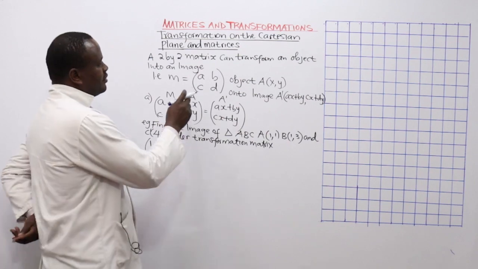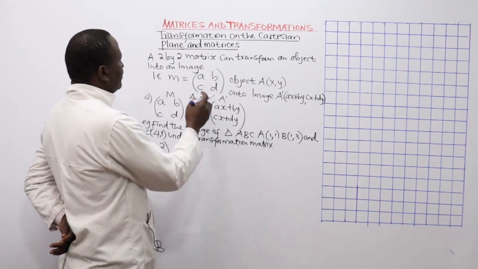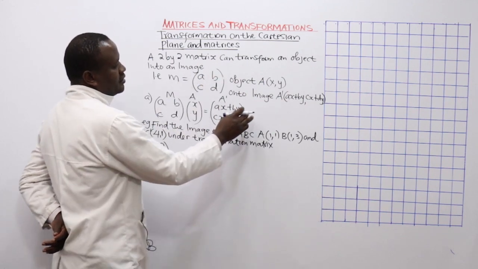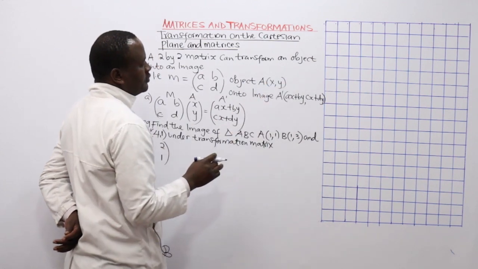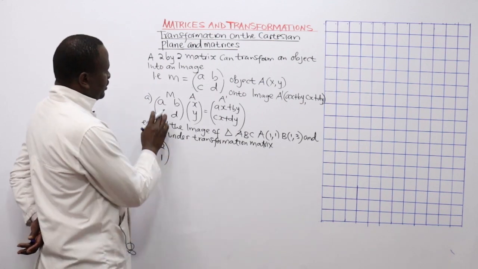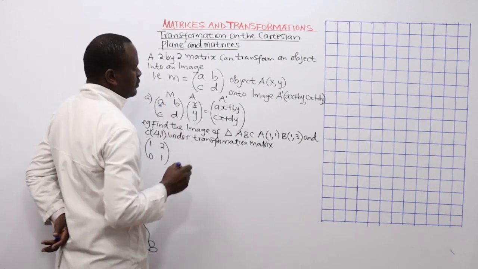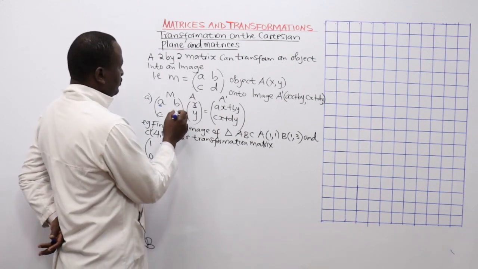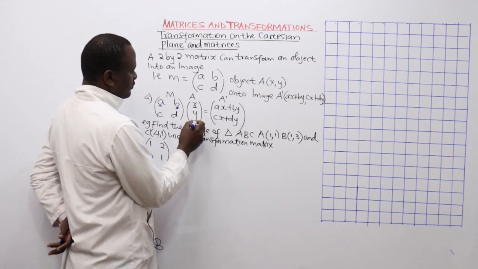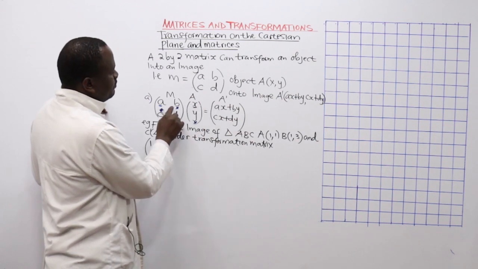So for example, if the matrix is an arbitrary matrix M, A, B, C, D, and the object is X, Y, the image will be A times X plus B times Y. So AX plus BY.